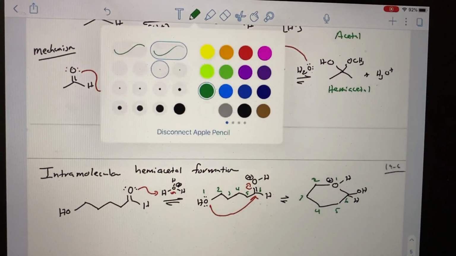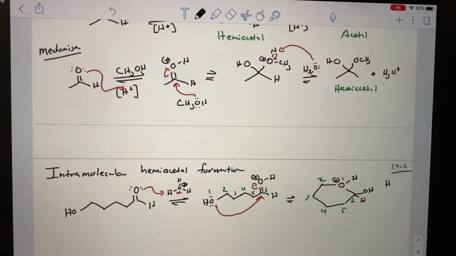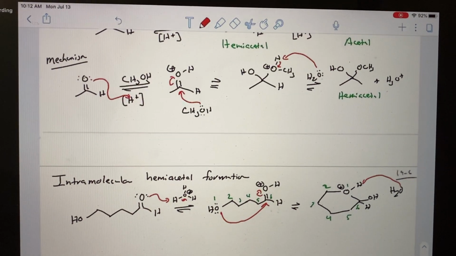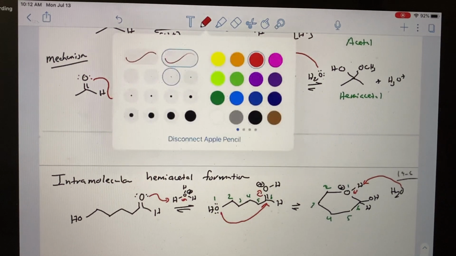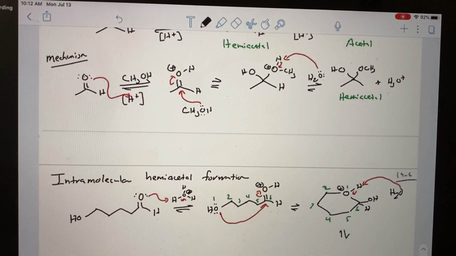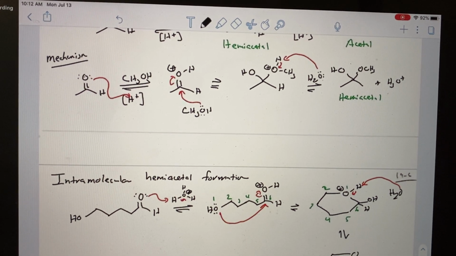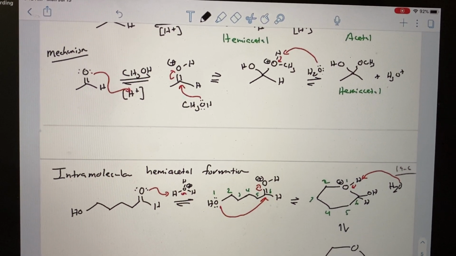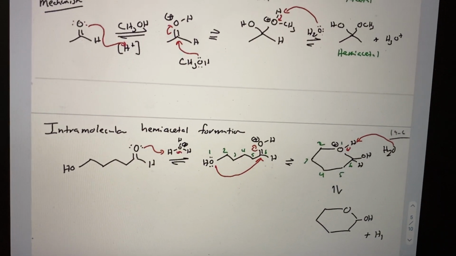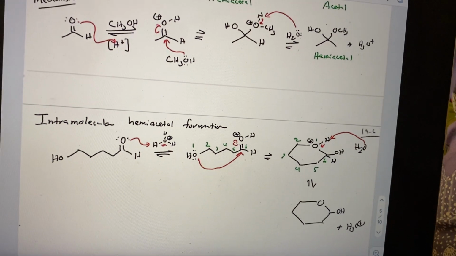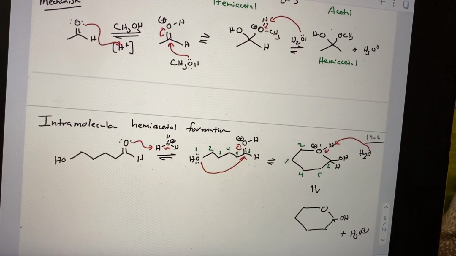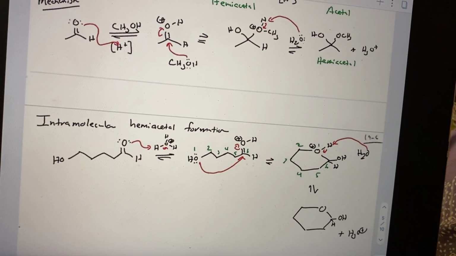Now all we have to do is take off our proton. So you can actually redraw this down below. Form the species here. And just to be consistent, I can put the hydrogen in there.